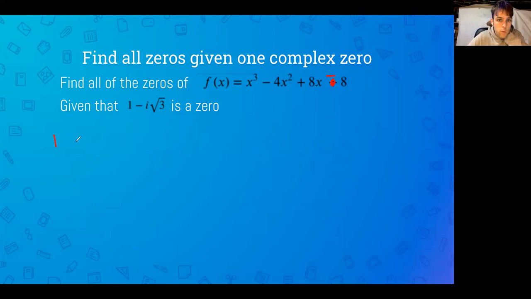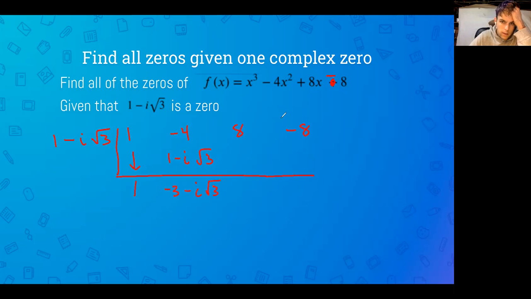So we have 1 minus i root 3. We're dividing out from this polynomial, which is 1, negative 4, 8, negative 8. Okay, bring down the 1. Multiply this by 1. So that's the easy one. Add these together.